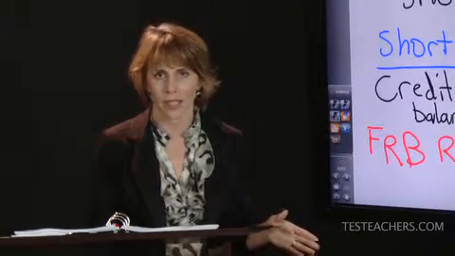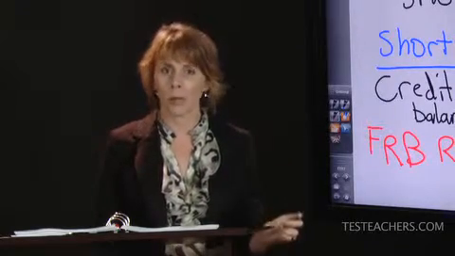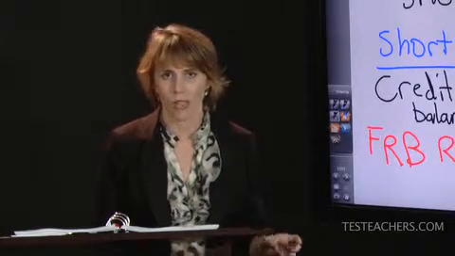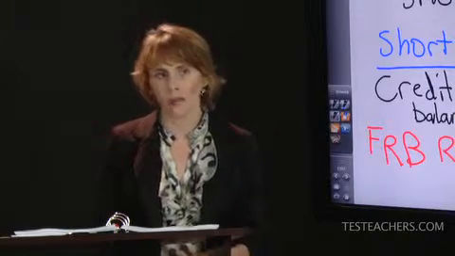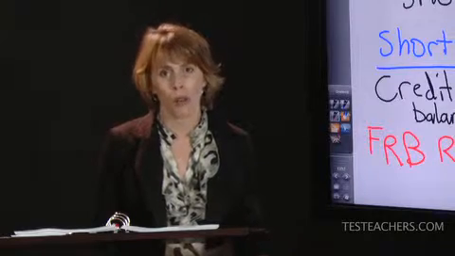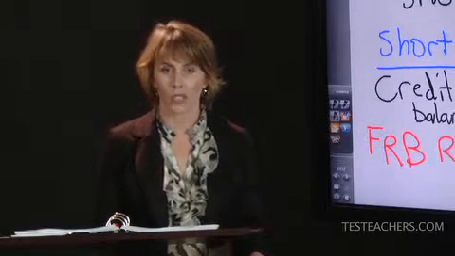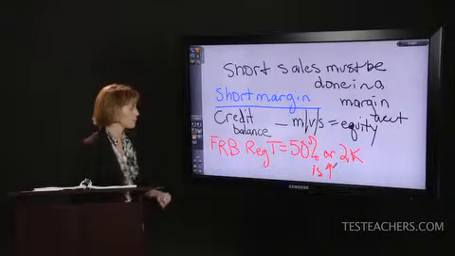They're not trying to trick you. Regulation T is the initial equity that must be deposited in the account. It's not how much you borrow in a long margin account. It's how much equity you must have in a short or a long margin account initially. 50% or $2,000, whichever is greater.